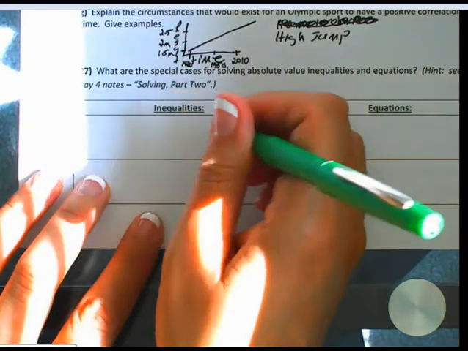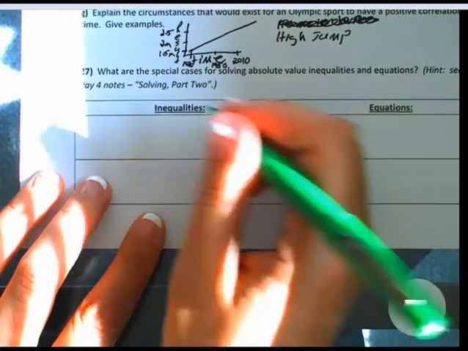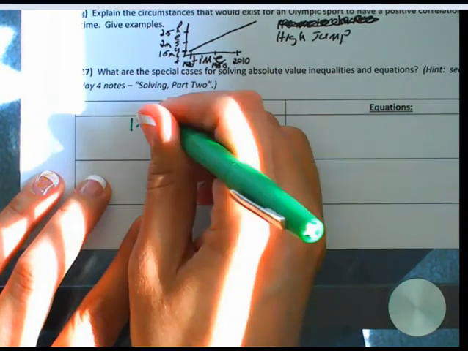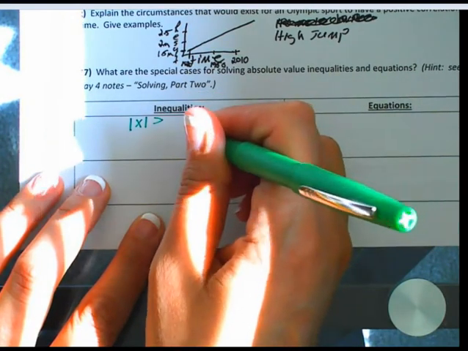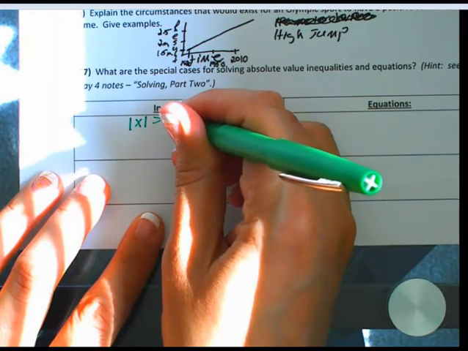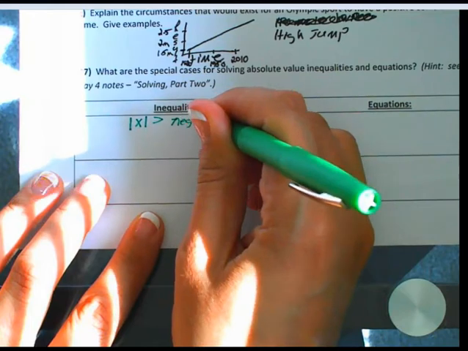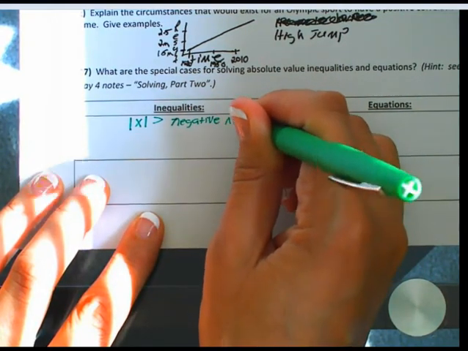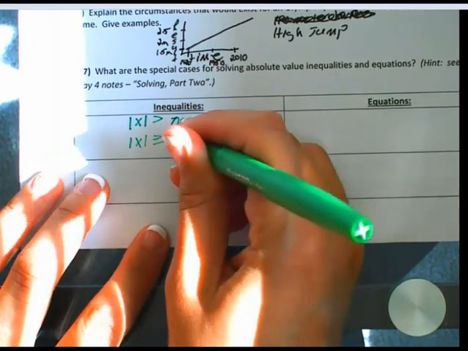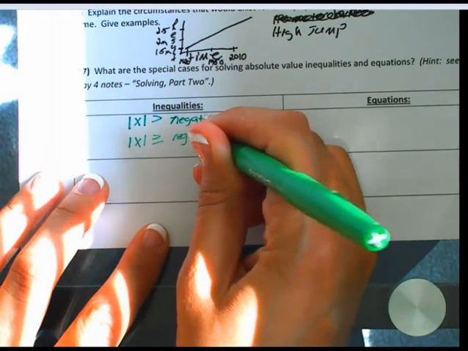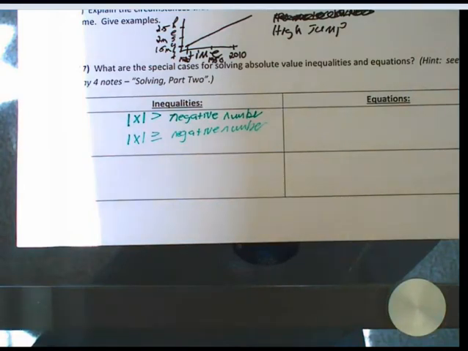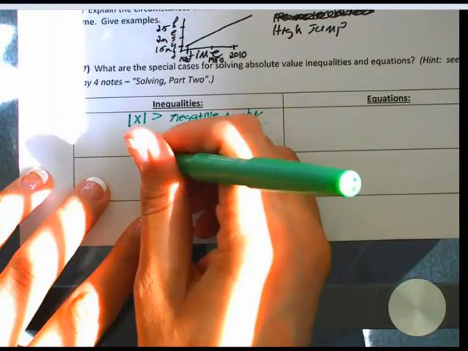Our special cases for inequalities are when I have an absolute value of some number or expression is greater than or equal to a negative number. So an absolute value is always going to be greater than a negative number, so this would be all real numbers.